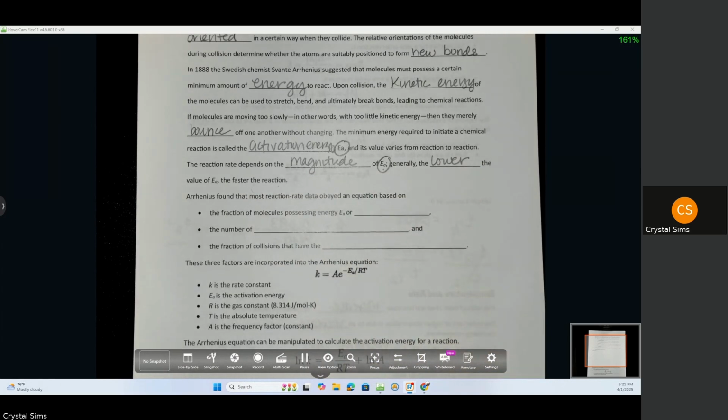So Arrhenius did a lot of work with activation energy and reactions, and he came up with an equation.